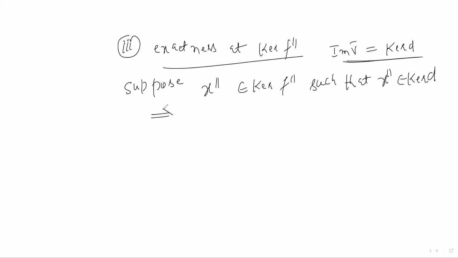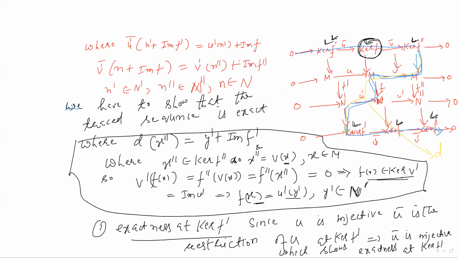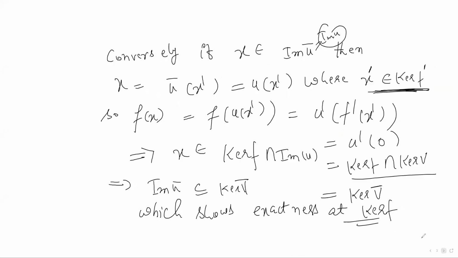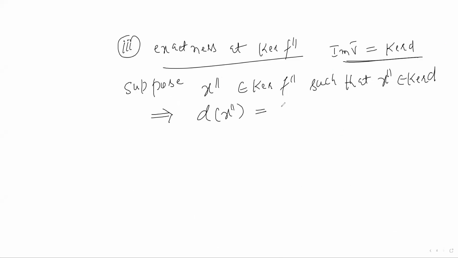So this means what? D of x double dash is zero of this d. D कहाँ से कहाँ है? Zero of co-kernel f dash. Zero of co-kernel f dash is actually image of f dash, which is actually zero of co-kernel f dash.